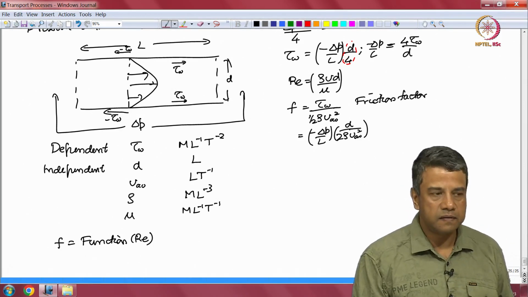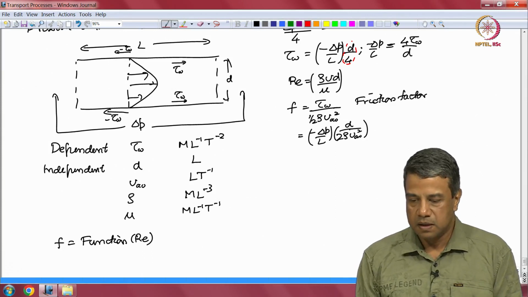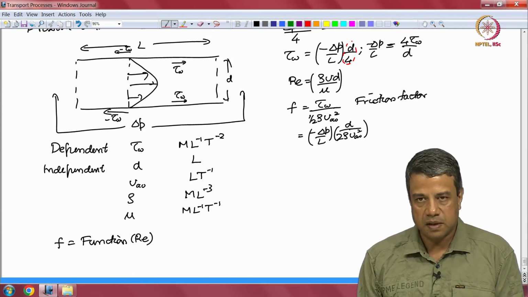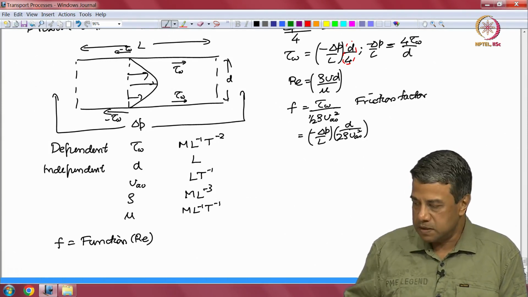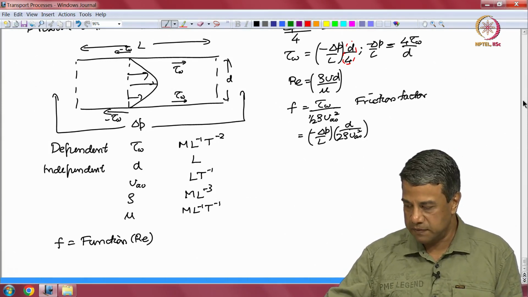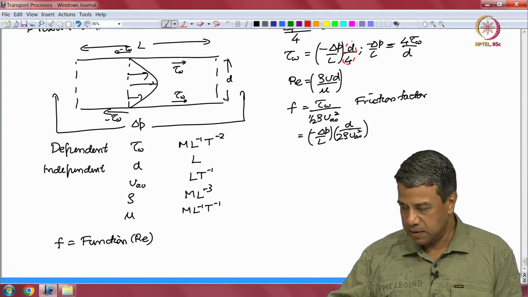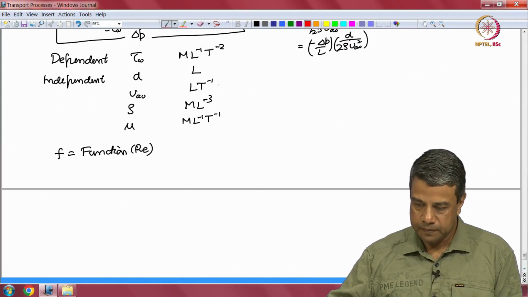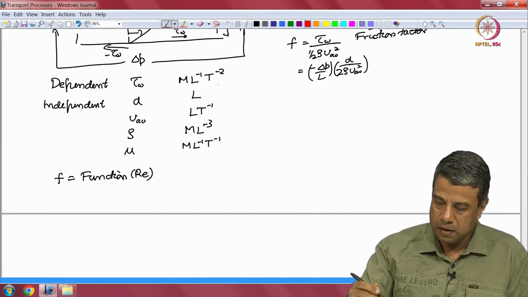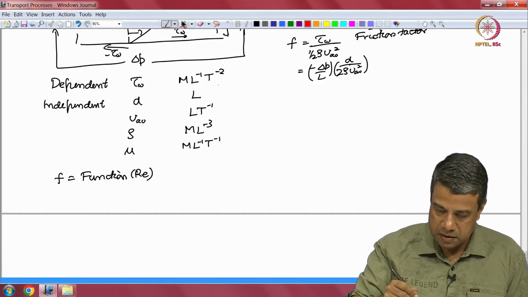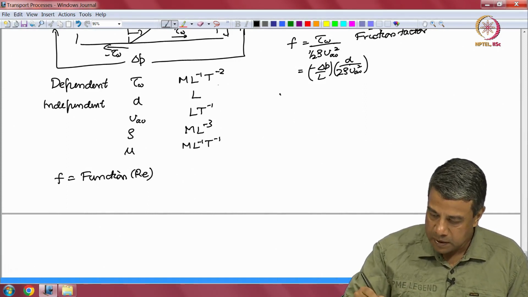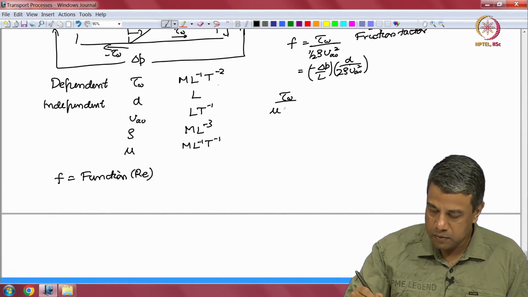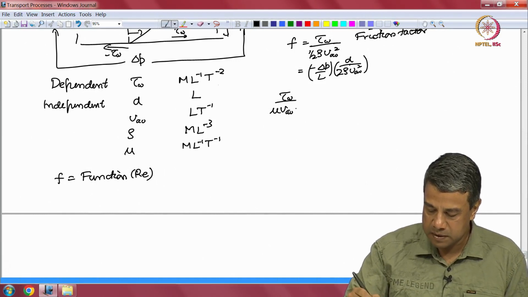Once again, you can think of limiting situations. When the Reynolds number is small, then inertia should not be a factor. And what that means is that the wall shear stress is scaled by mu V average times something.